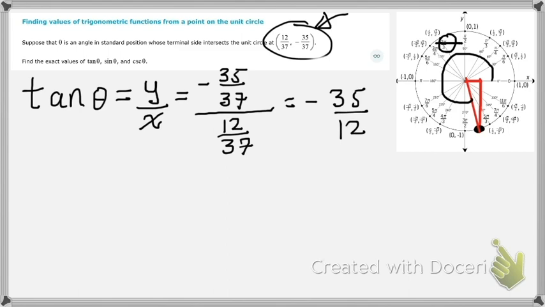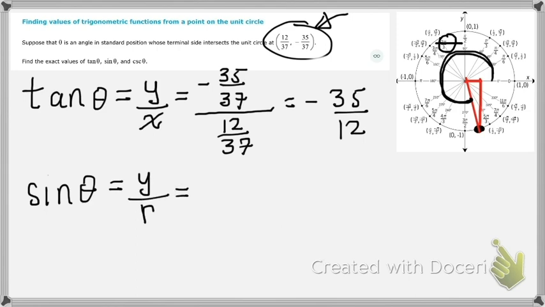Let's look at another one. Say I want to know the sine of angle theta. Again, remember, angle theta is this angle that we've drawn over here that has an x coordinate of 12 over 37 and a y coordinate of negative 35 over 37. Sine is y over r.